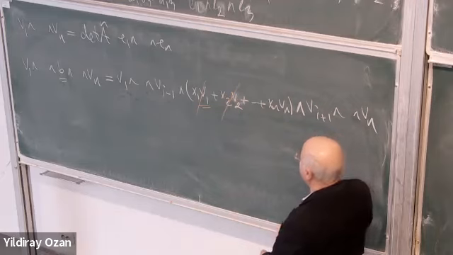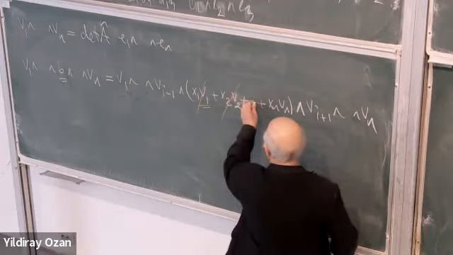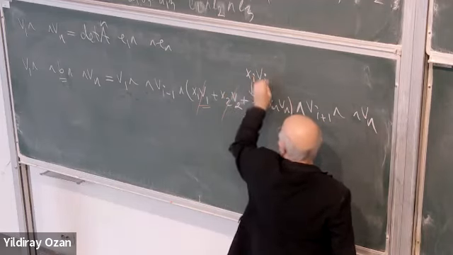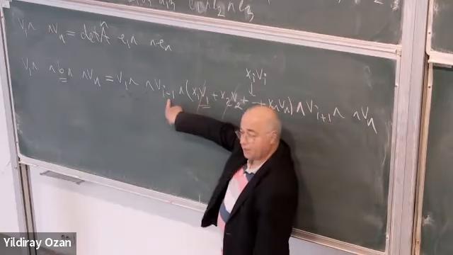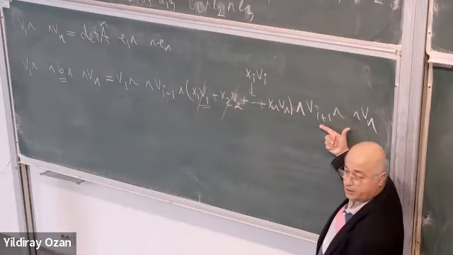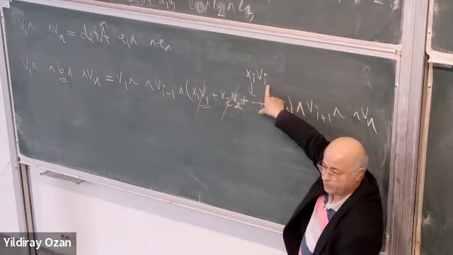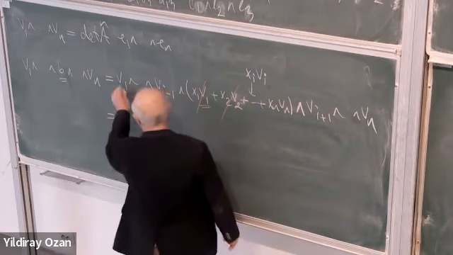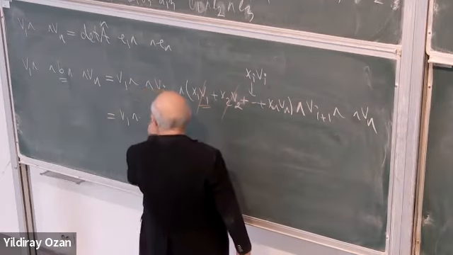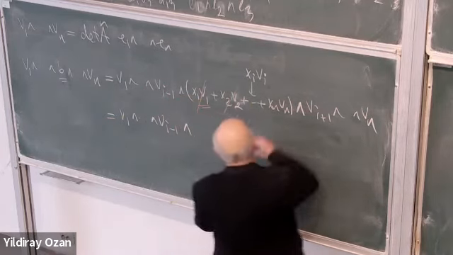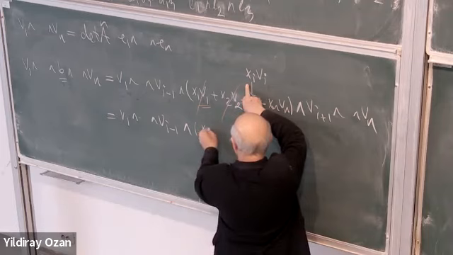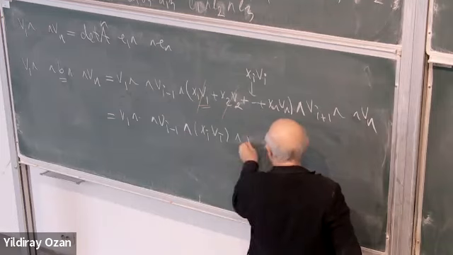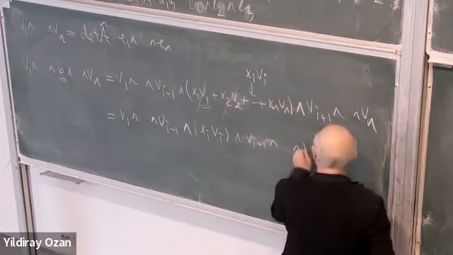The only term that will survive is this one. Here I have xi Vi, and there is no Vi elsewhere. That's why this term will survive, but all others will be 0. So when you put this together, you will get just V1, up to Vi minus 1, and then only this term will survive: xi Vi, and then Vi plus 1 up to Vn.